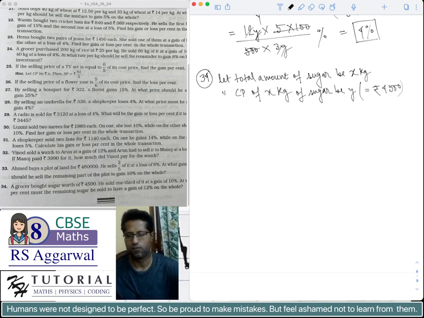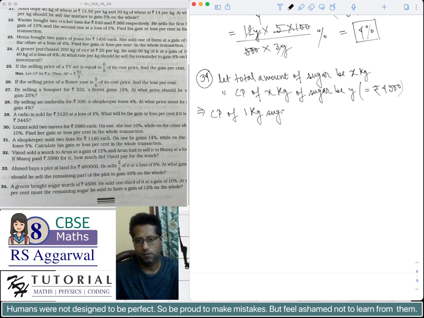But this figure 4,500, you will see, will not be used at all in solving the problem. That is the reason I am considering a letter Y as the value of 4,500. So the CP of X kg of sugar is Y, and the total sugar purchased is X kg. This implies that the CP of 1 kg of sugar is equal to Y by X.